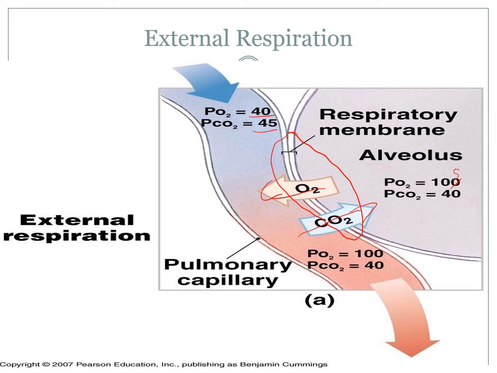As you can imagine, there are a lot of conditions and physiological effects that can alter the amount of oxygen coming in and the amount of CO2 going out into the body. We might talk about a few as we go along, but that's what external respiration wants to occur. It wants to have an equal concentration of gases in the alveoli compared to the pulmonary capillaries themselves, and it does that through diffusion of concentration gradients.